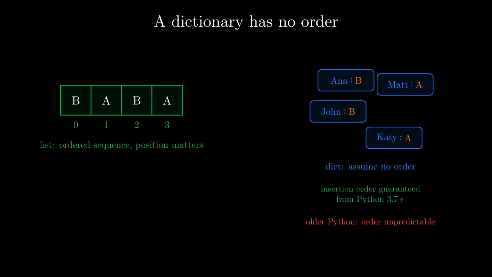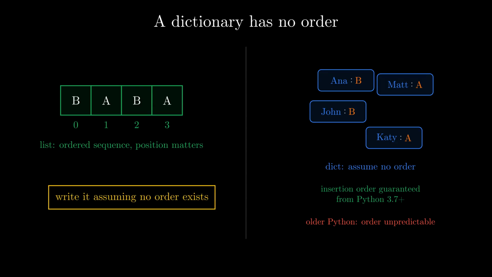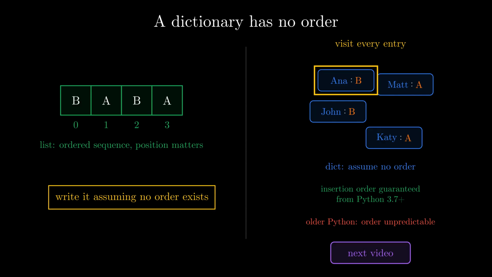So if you want code that runs correctly everywhere, write it assuming no order exists. It costs you nothing. And because you cannot rely on position, a great deal of dictionary work means visiting every single entry in turn, and that is the one dictionary skill we still don't have.